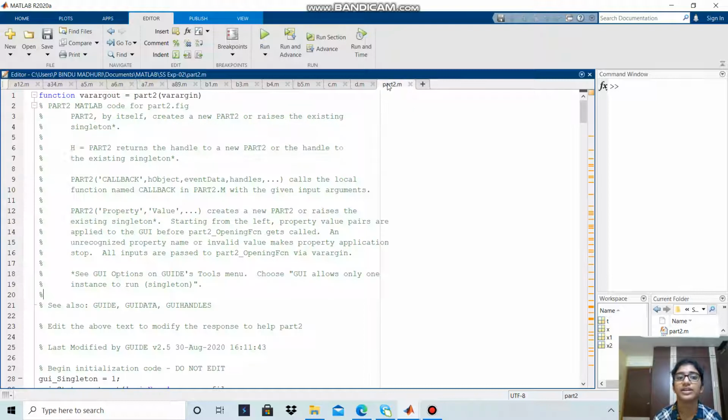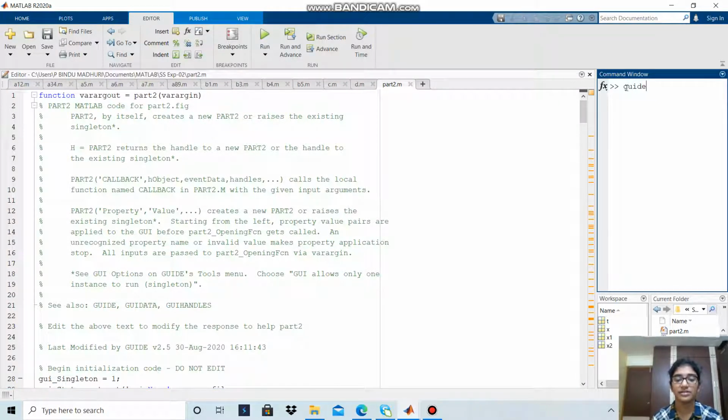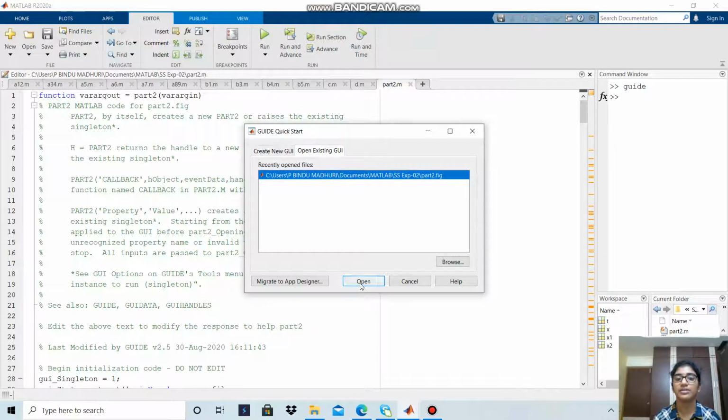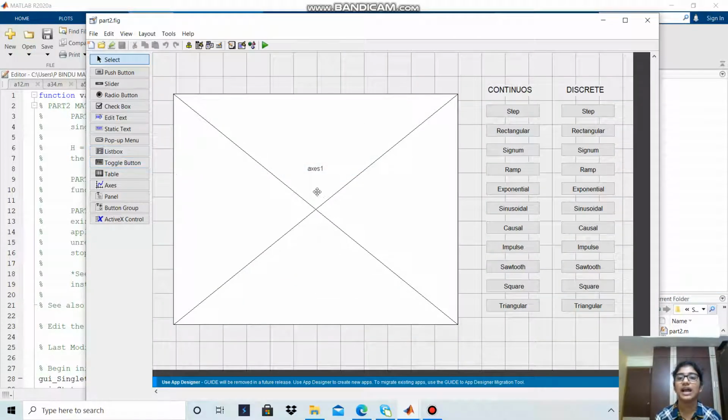The next one is the GUI. Here I took the axis and several push buttons. These are for continuous and these are for discrete time intervals. The different functions I labeled here on the push buttons.